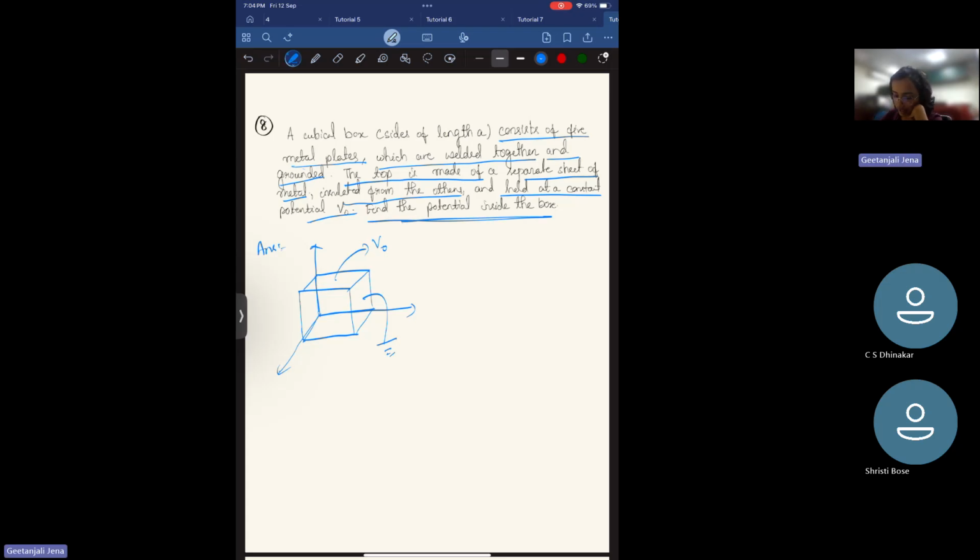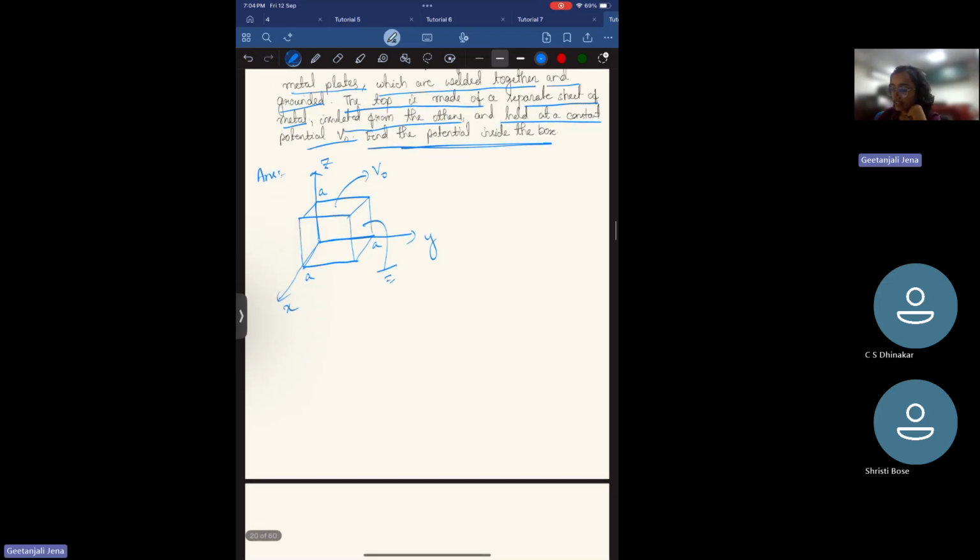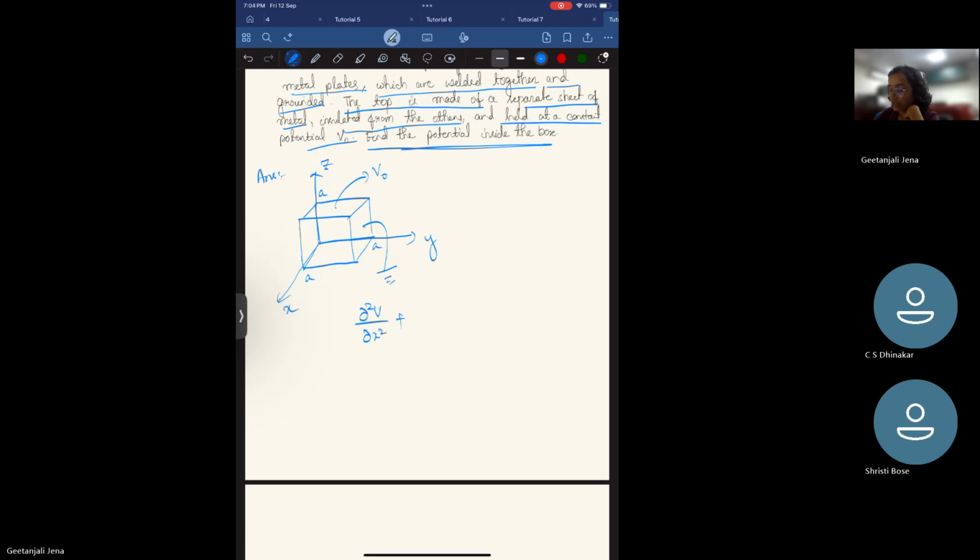You can use the Laplacian equation and separation of variables to calculate the potential. It's 3D, so dou square V by dou x square plus dou square V by dou y square plus dou square V by dou z square should be 0.